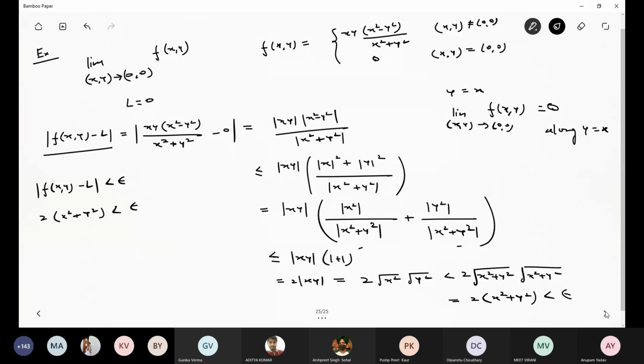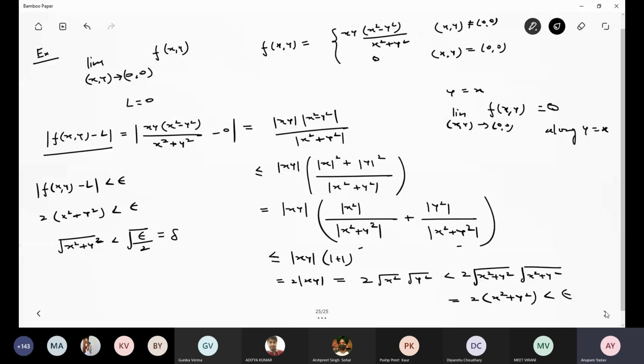Okay, and this you can solve like this, under root x square plus y square is less than under root epsilon by 2. So this value is nothing but your delta. So you choose any value of epsilon, and you will get a value delta which will always exist.